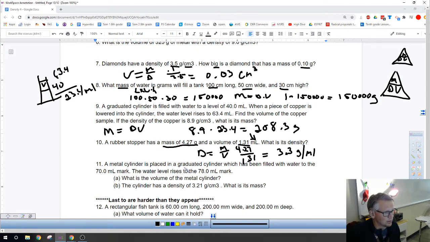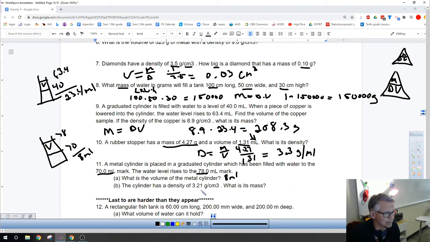I'm calling it grams per milliliters just because that volume is in milliliters. A metal cylinder is placed in a graduated cylinder which is filled with water to the 70 milliliter mark. The water level rises to the 78. So we're at 70 and it goes up to 78. The difference between them is going to be our volume. So our volume is 8 milliliters.